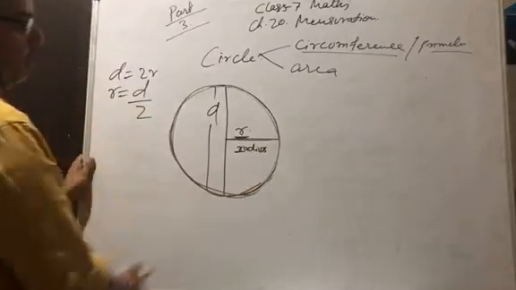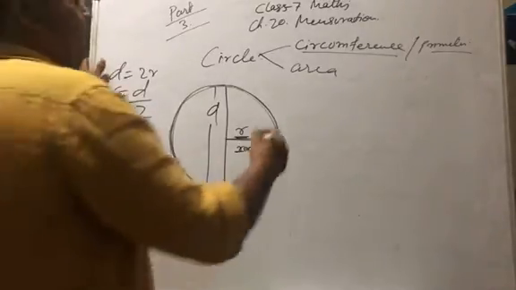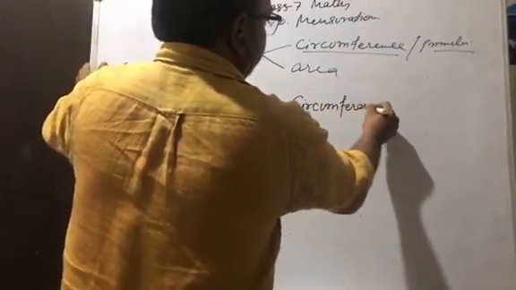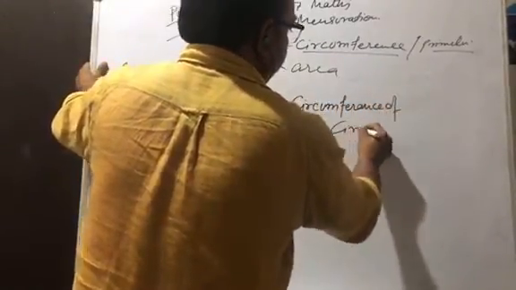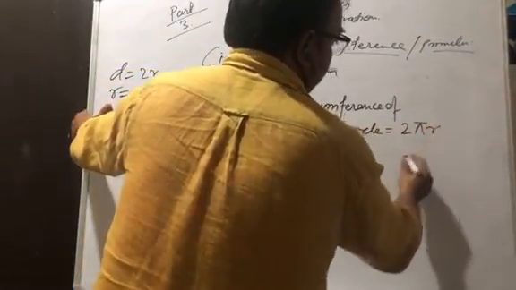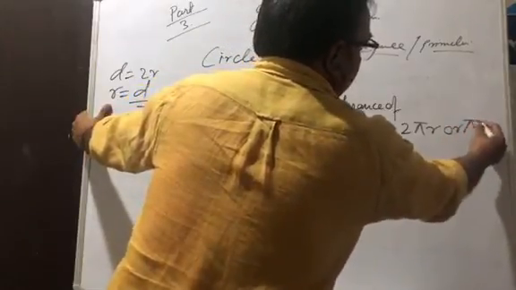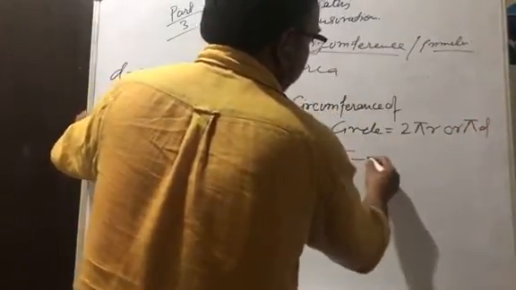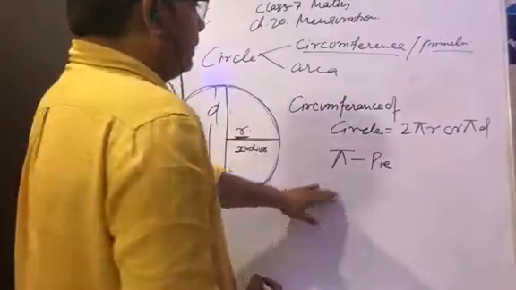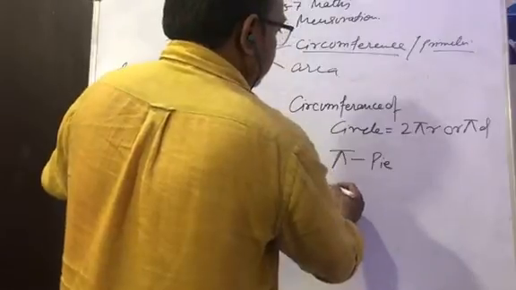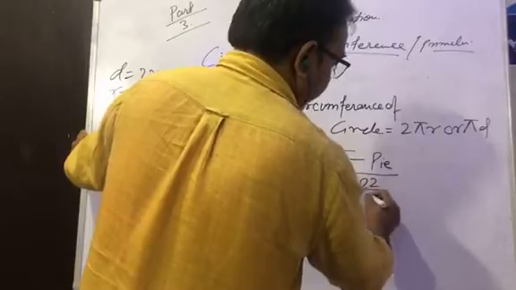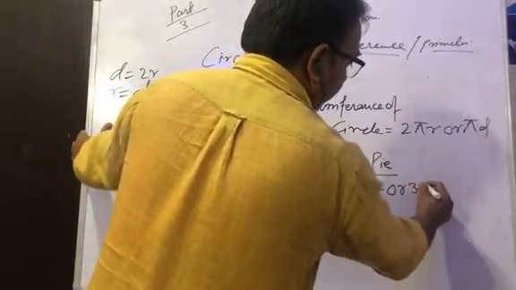So there is a formula for the circumference. Circumference of a circle is 2 pi r or pi d. This is pi, and pi is equal to 22 upon 7 or 3.14.